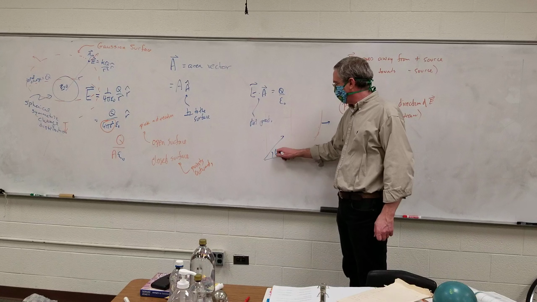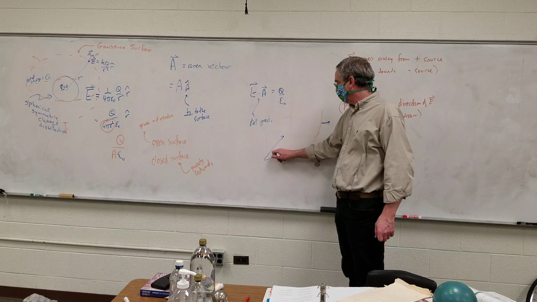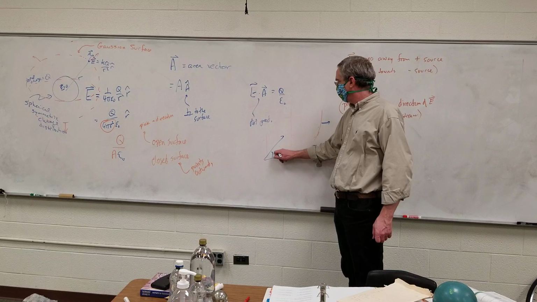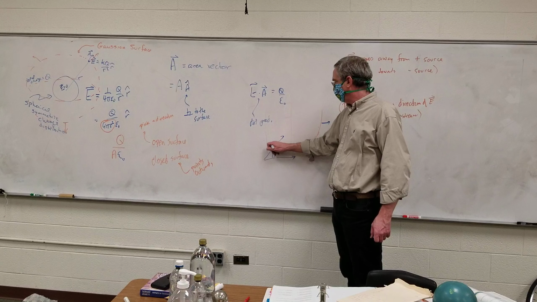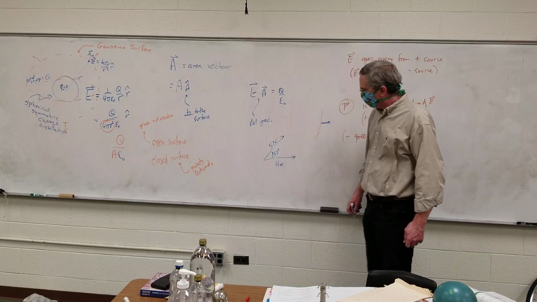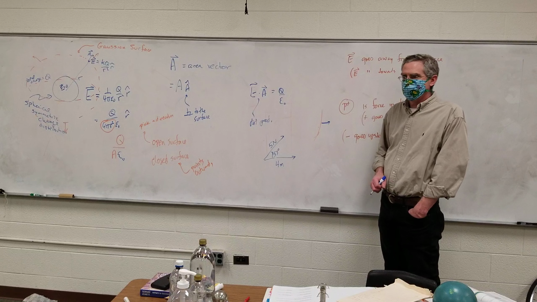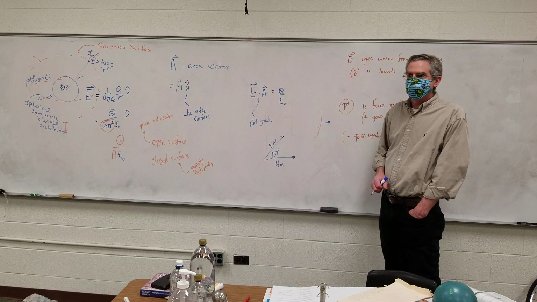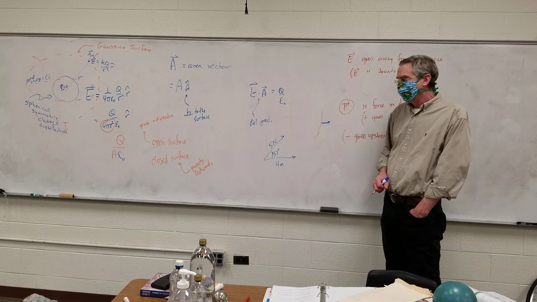If that's a 60-degree angle, let's actually make it a 3, 4, 5 triangle. Make that 53 degrees-ish. What's the dot product? It connects the two points of those vectors.